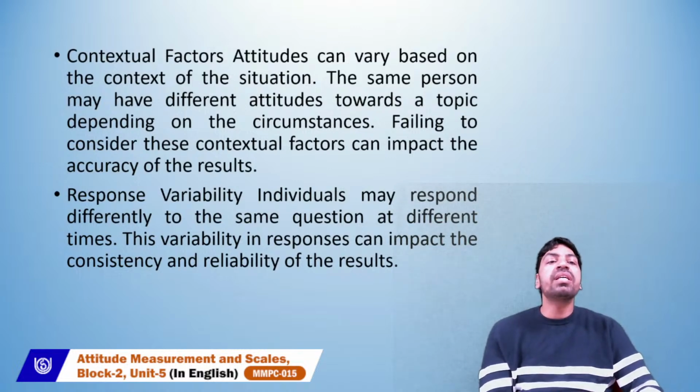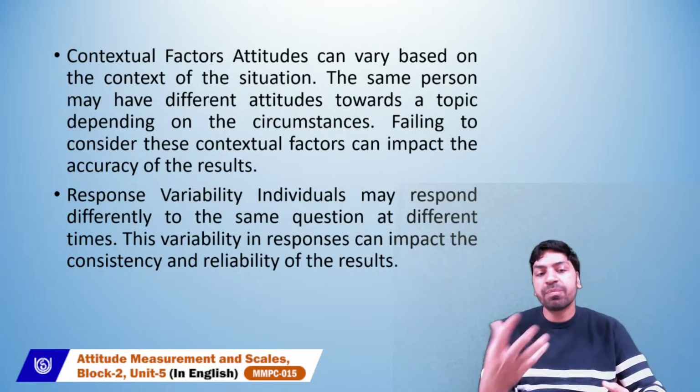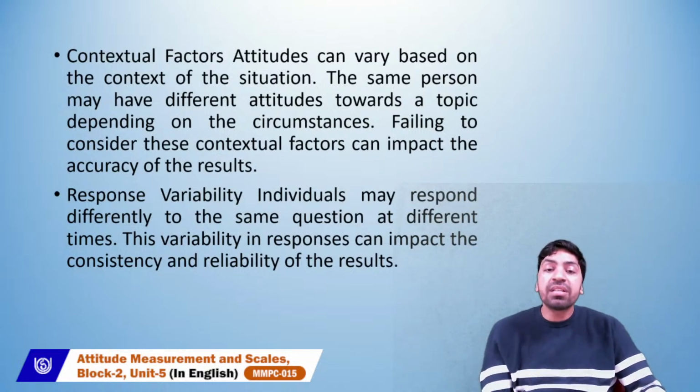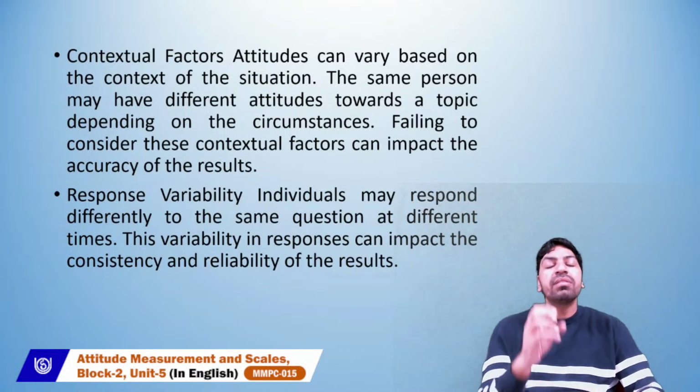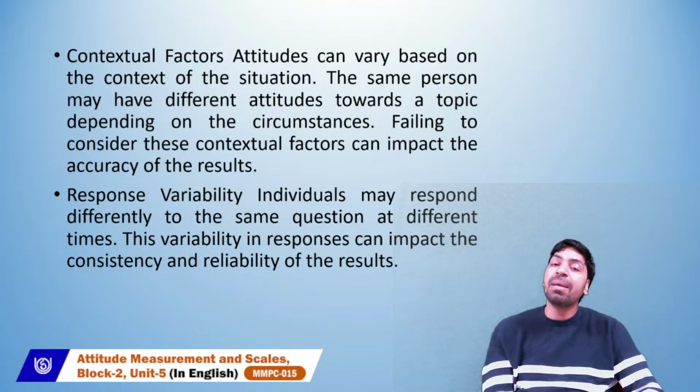Next one is response variability. Individuals might give different responses to the same question at different times as well. So this is also a limitation of attitude measurement scales, because this variability in responses impacts the consistency and reliability of the results.